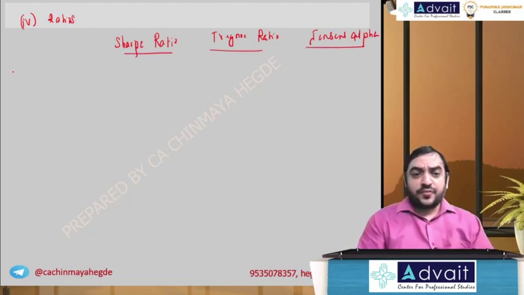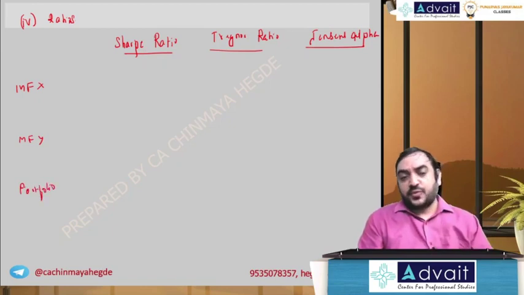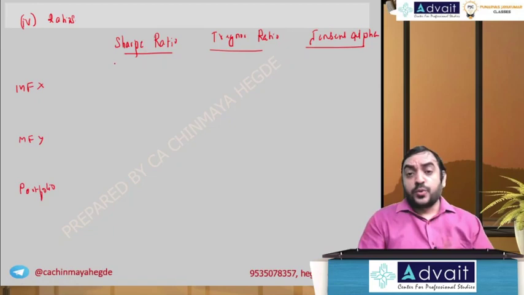We have to calculate for mutual fund X, that is security X, mutual fund Y, and also for the portfolio of X and Y. So the formula: Sharpe ratio is the security return or portfolio return minus the risk-free rate, divided by the standard deviation of the portfolio.